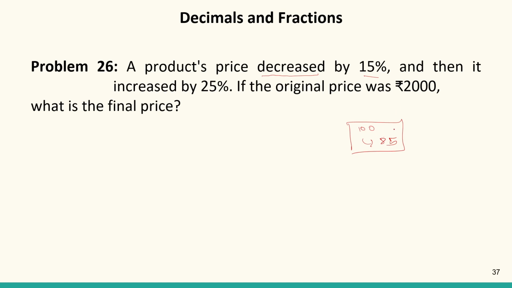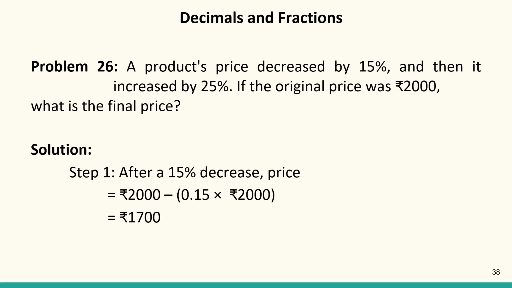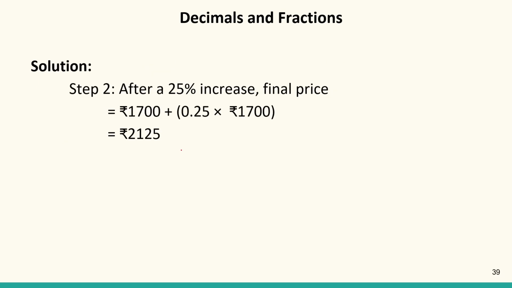Let's see. After a 15% decrease in price, 2000 minus 0.15 of 2000, since it is a decrease, that is why we use the negative symbol here. So the value of the product becomes 1700 rupees. Then after a 25% increase, the final price is 1700 plus 0.25 of 1700, that is 2125.